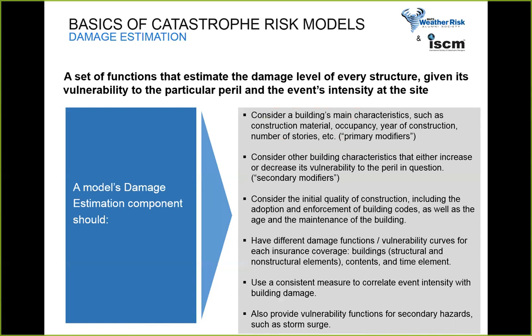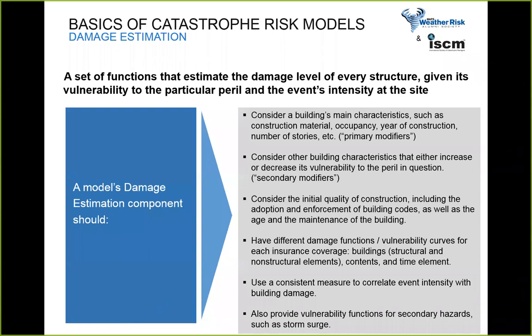The model also needs to consider building codes, the initial quality of the construction, as well as the age and maintenance of a building. So you'll see, particularly for building codes, different year built bands within the model that inform the model as to how good the building codes were when a given risk was constructed. Also, there have to be different damage functions for each insurance coverage that is offered to the risk.